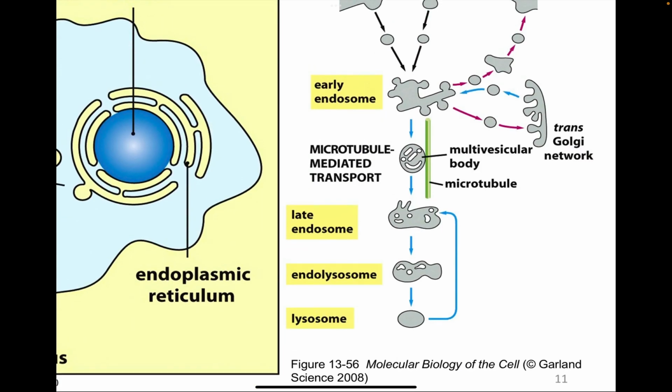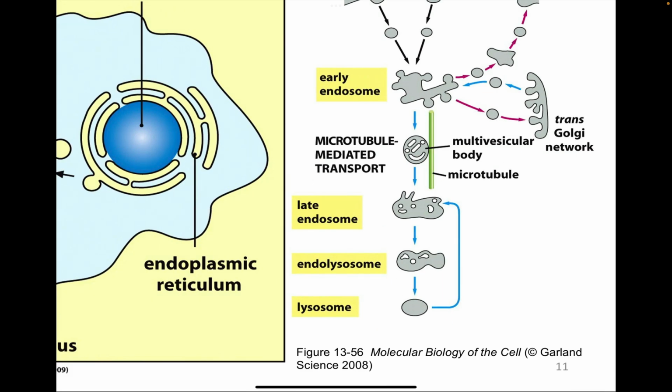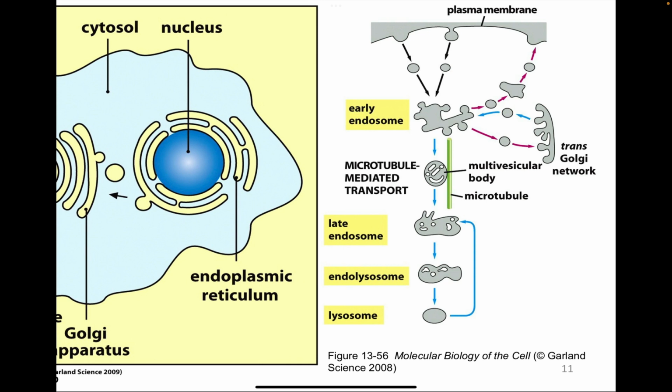You can easily imagine if I have a cargo in my early endosome, see there's my triangle cargo. Eventually it's going to be inside of my late endosome, and eventually inside my lysosome, and I'm going to degrade it, and we're going to live happily ever after.